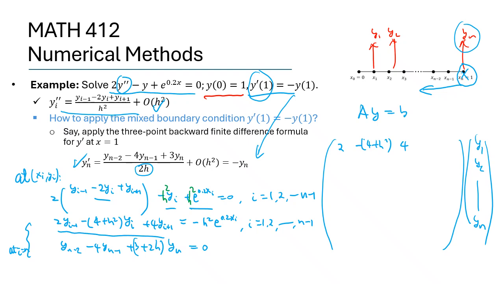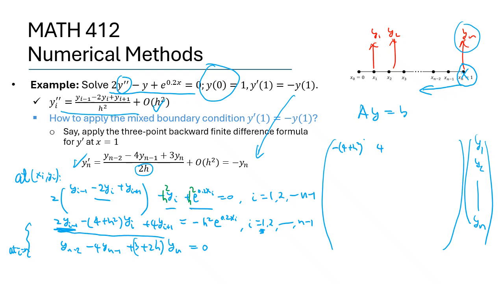Oh, here, when i is 0, sorry. At the left end point, there's a condition we haven't used. When i is 1, we can apply the condition. What's this guy? That's 2 y sub 0, that's just 2. We move it to the other side. That's negative 4 plus h squared, 4.